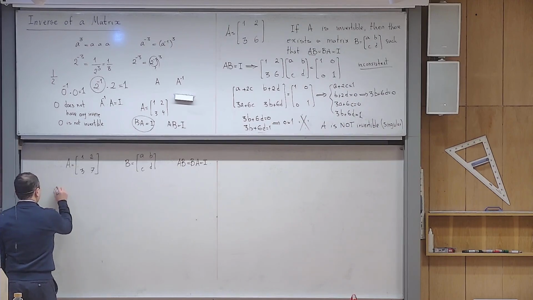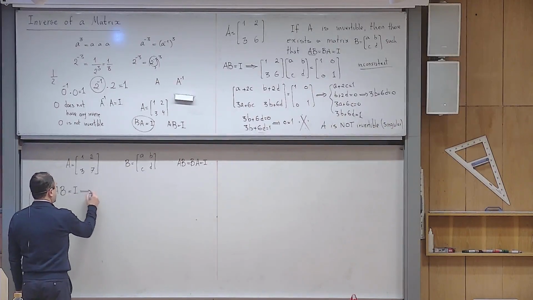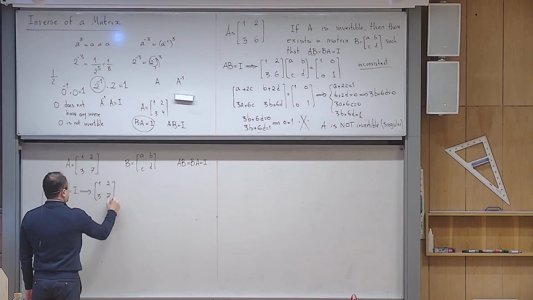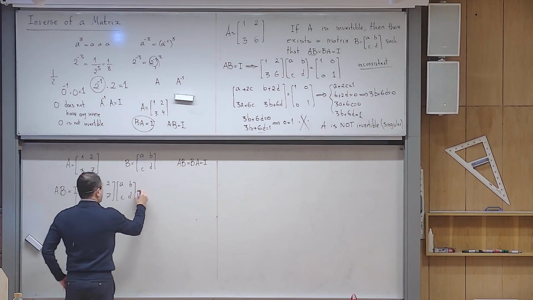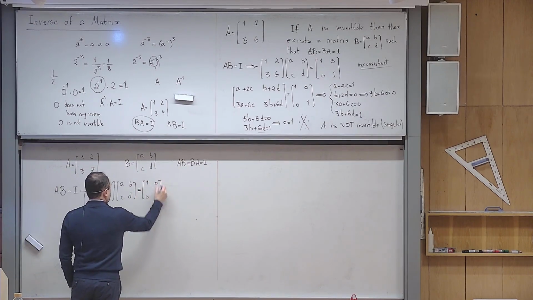So let us see if I can find a matrix B so that this happens. So what should I do? Exactly as before, I write this, and I multiply it by A, B, C, D, and I equate it to the identity matrix, which is 1, 0, 0, 1, yes?